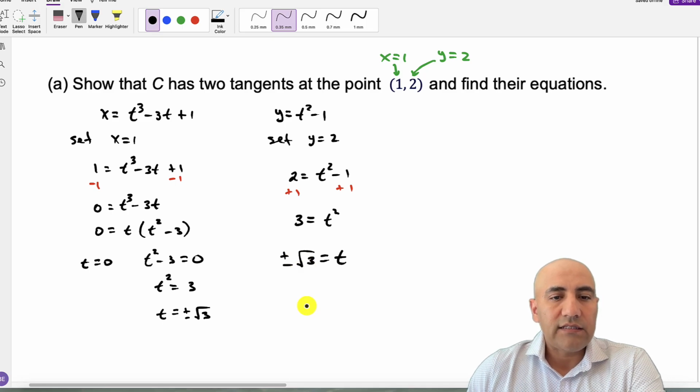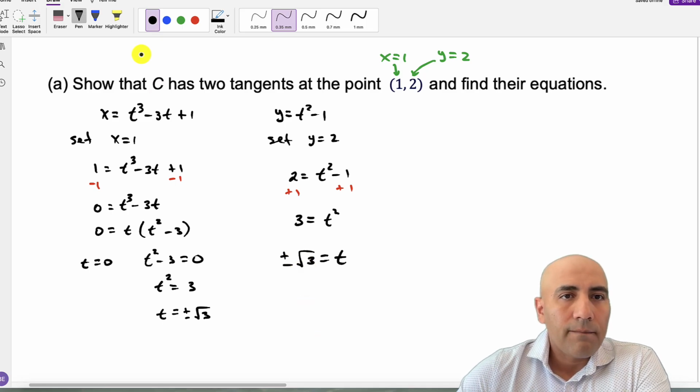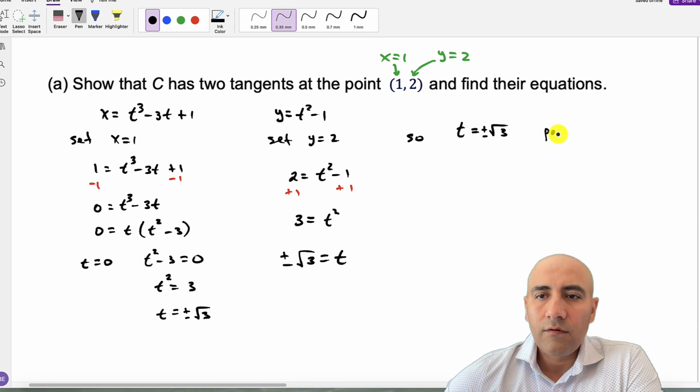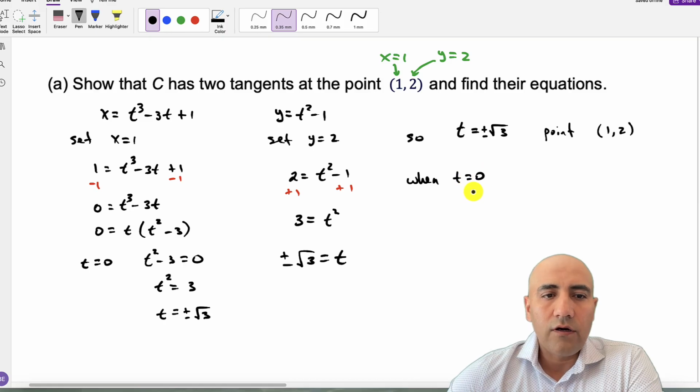So this shows me that t equal to plus or minus root 3 leads to the point of interest, the point (1, 2). On the other hand, when t equals 0, we have x equaling 1, right? If we put in a 0 in here, that would become x = 0 cubed minus 3 times 0 plus 1. So that just becomes 1.